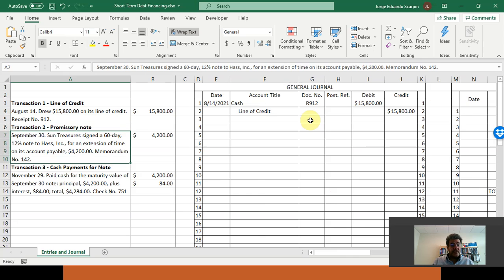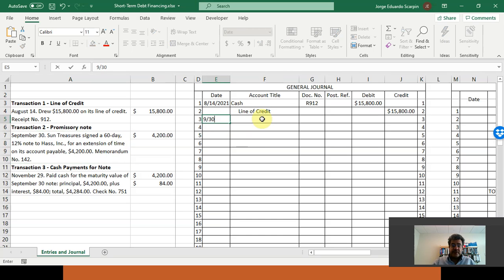So let's go. The second one, promissory note, another current liability, another short-term line of credit. Sun Treasures signed a 60-day 12% note to Hess Inc. for an extension of time on its accounts payable. So, on September 30th, we are, in quotes here, paying our accounts payable with a promissory note.